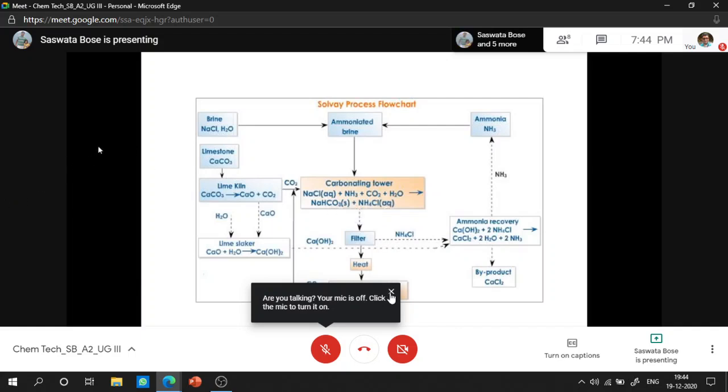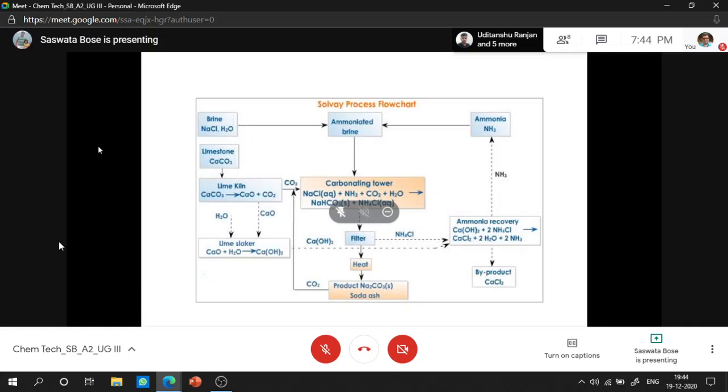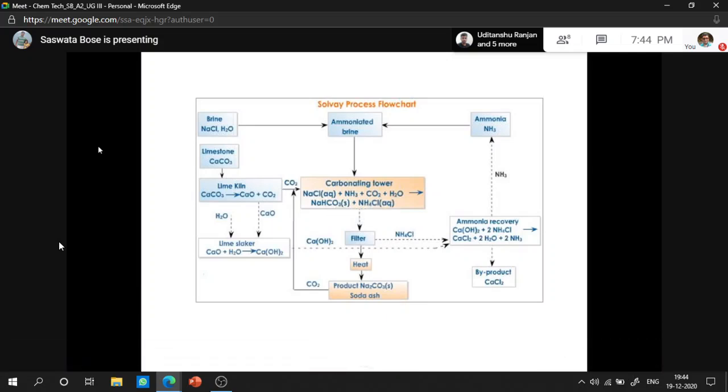So this way you get ammoniated and partially carbonated brine, partially carbonated কেন বলছি, because you are putting some carbon dioxide over there, and from where the carbon dioxide is coming, I'll be telling you, because you need not feed the carbon dioxide as such.